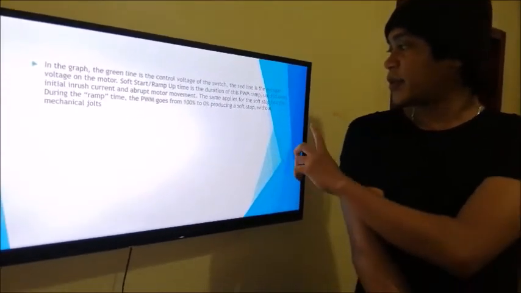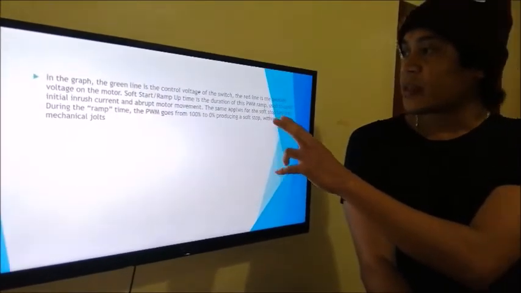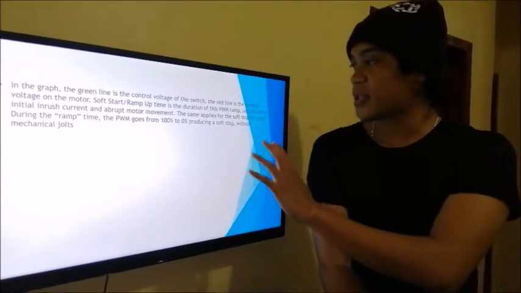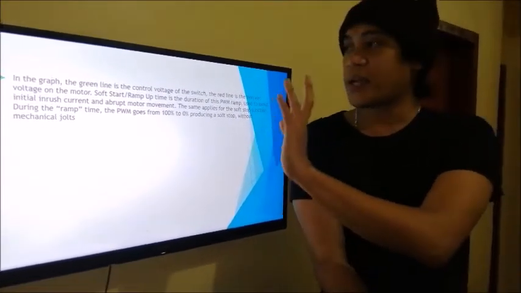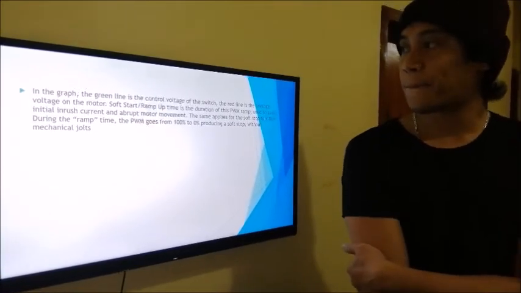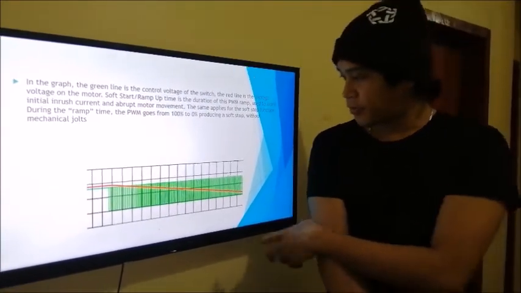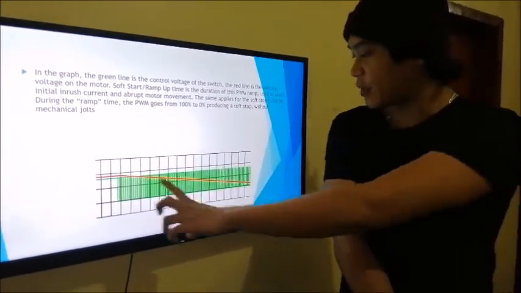The same applies for the soft stop function. During the ramp time, the PWM goes from 100% to 0%, producing a soft stop without mechanical jolts. So, in reverse, the red line is going down.